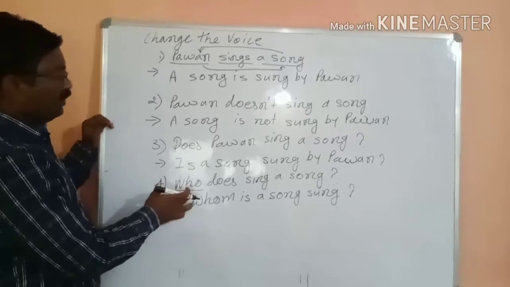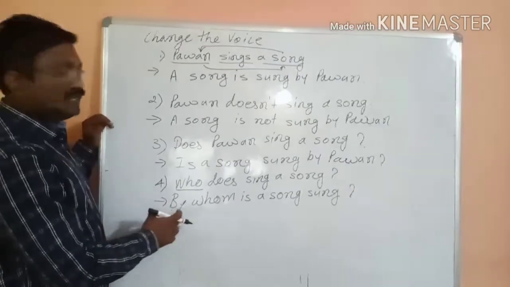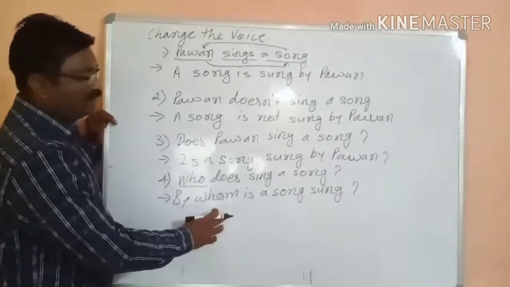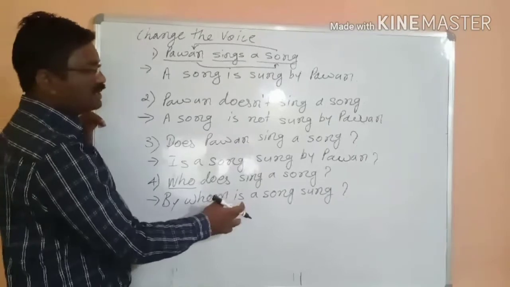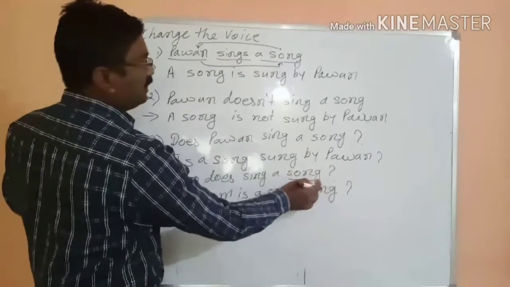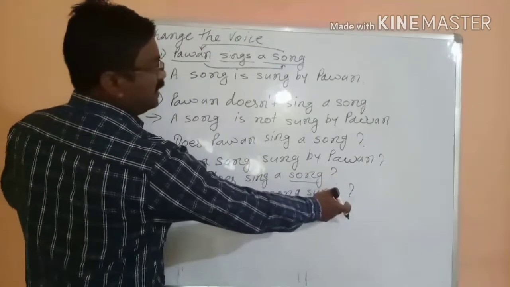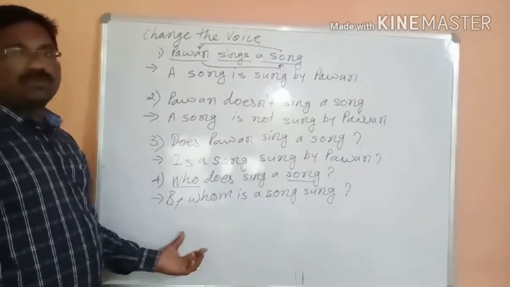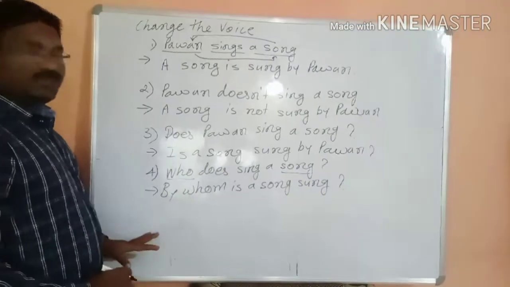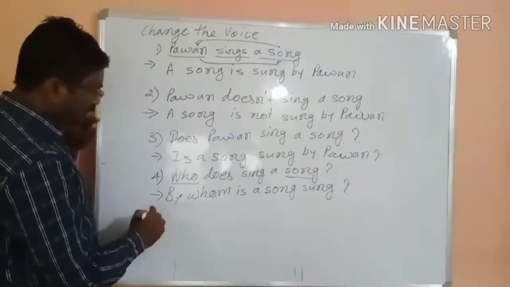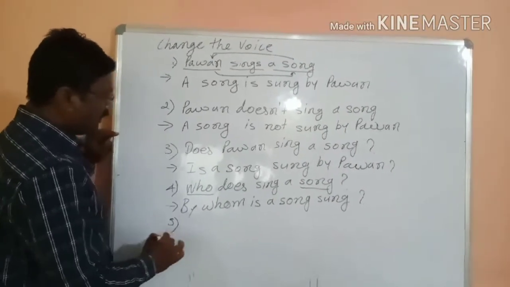When who is used or a WH question is there, you have to use by whom, then you have to take the auxiliary verb: by whom is. Again the object whatever was there, that you need to take first, and sung you have to take here. Understood? Whichever the verb is there, that you have to take. Any doubt? Again if you want to take the same example or any other example of a WH question, I will show you.